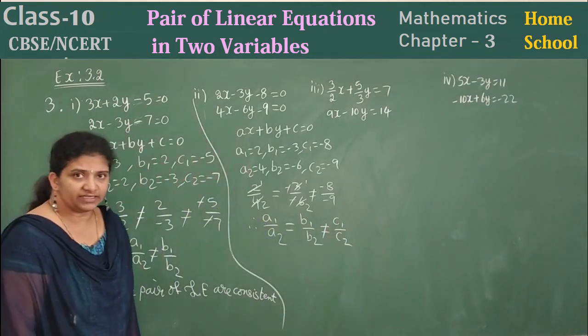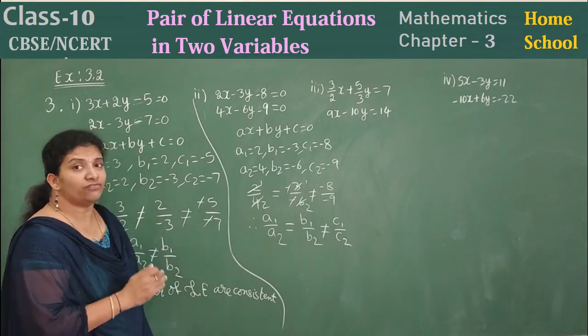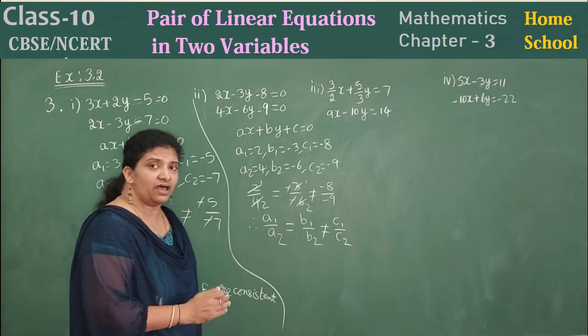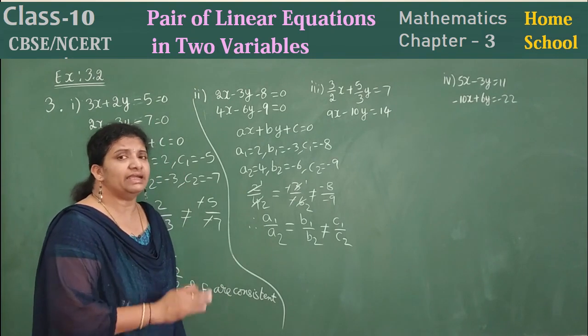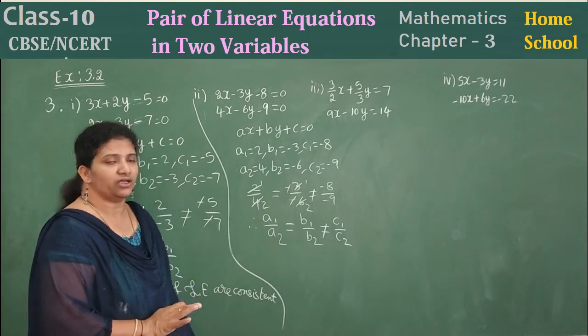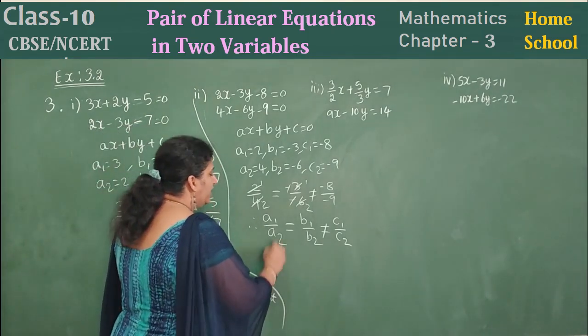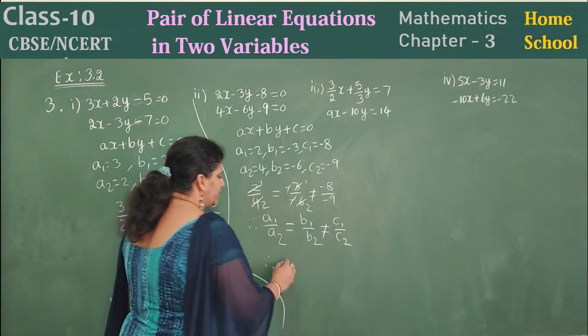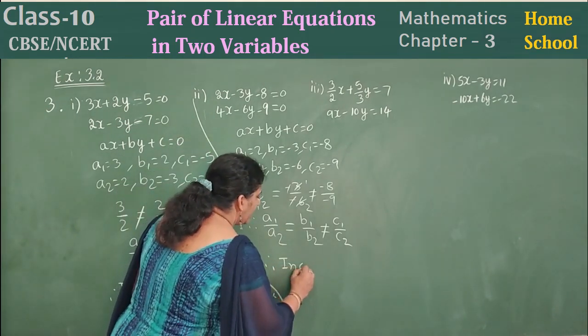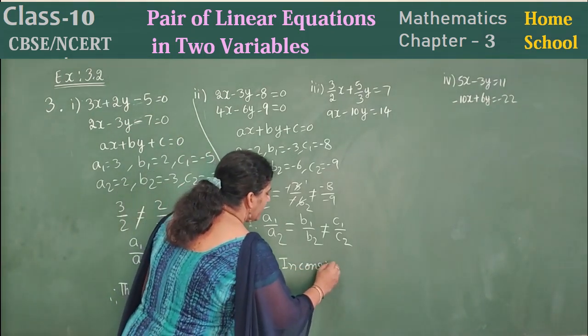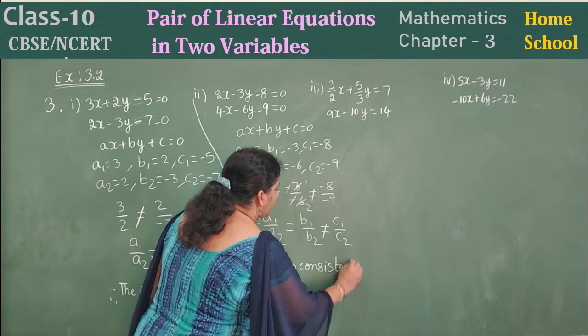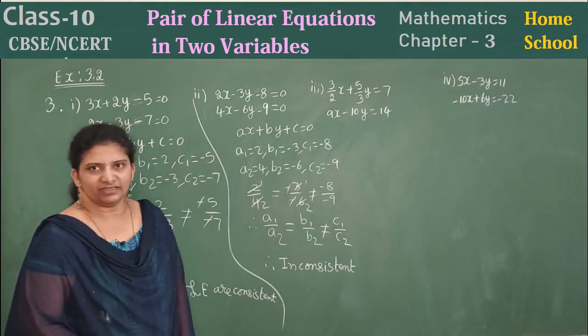What is this condition, children? Here the pair of linear equations are parallel. They don't have a solution. Therefore, the pair of linear equations are inconsistent.